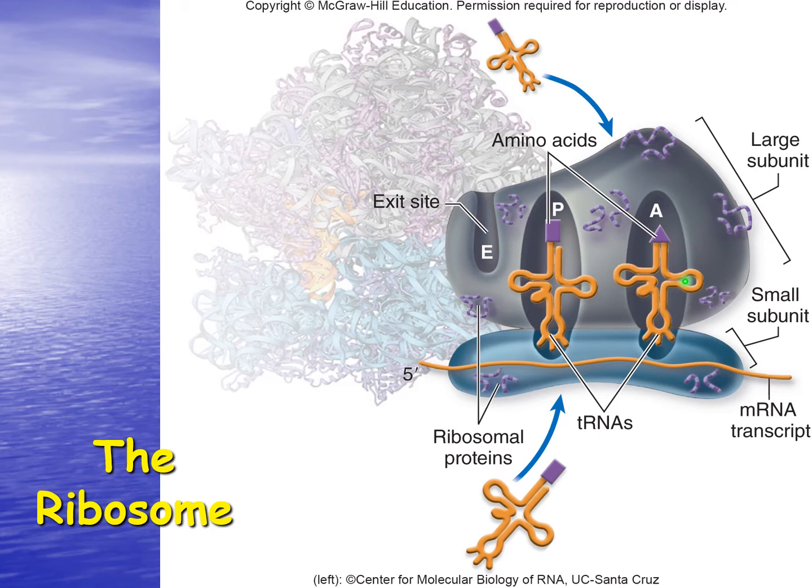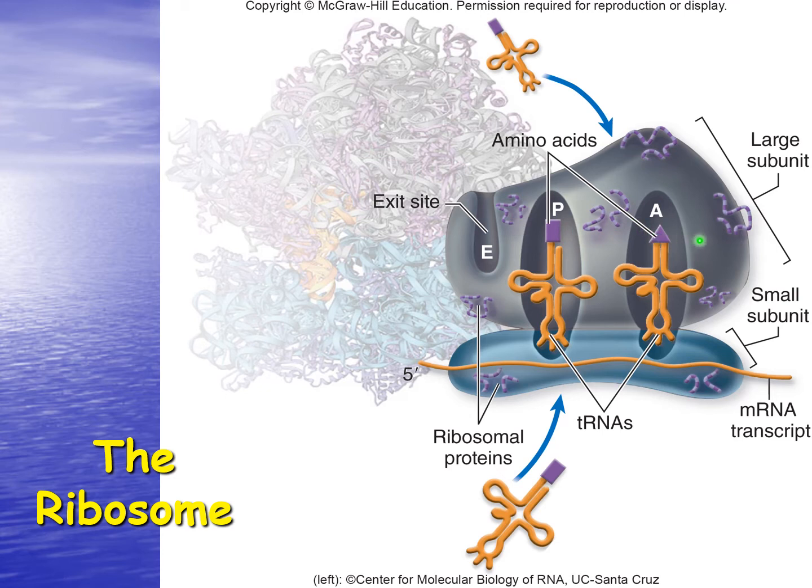This will be where the transfer RNAs move in, matching the anticodon of the transfer RNA to the codon of the messenger RNA. The P site is where the peptide bond will be formed.